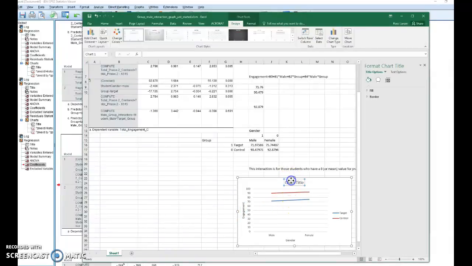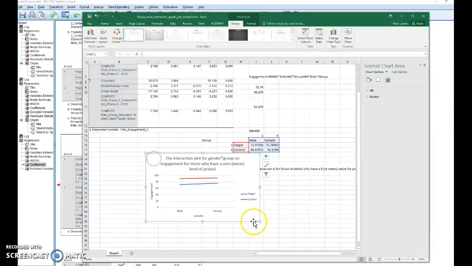The chart title, which I've thankfully written right above it, is the interaction plot for gender by group on engagement for those who have a 0 mean level of praise. Let's move this over. Oh, very nicely formatted.